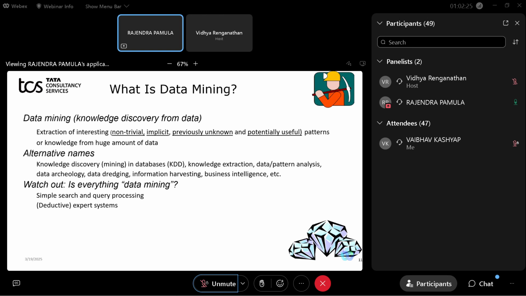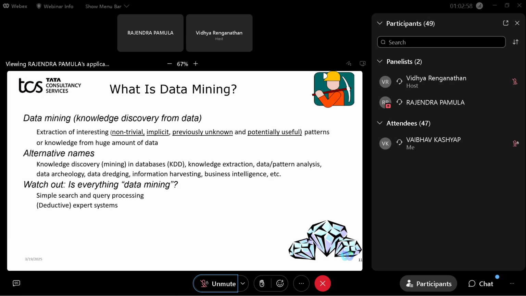What is data mining is, for the example which I have given you, who are the people whose marks are between 82 to 86? I want to analyze the people who are from 82 to 86.